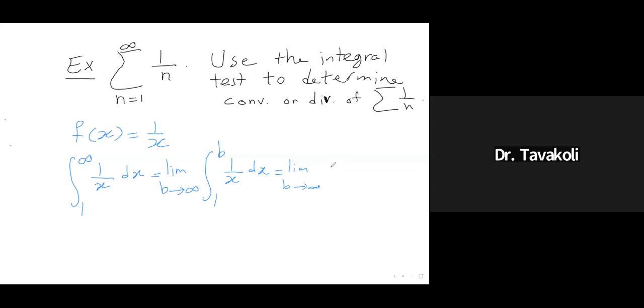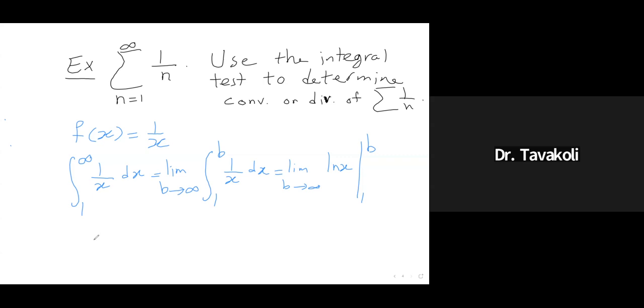Antiderivative of 1 over x is ln of x. It should be evaluated at the limit numbers of the integral. I didn't use the absolute value because the interval is from 1 to infinity. We don't meet any negative number from 1 to infinity.